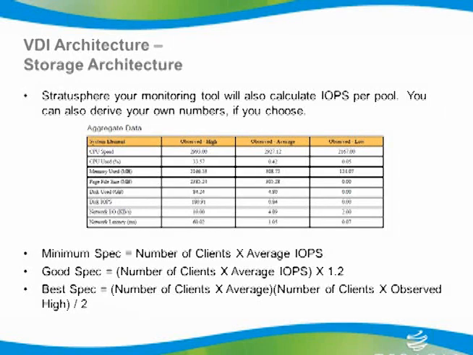Storage architecture. We're really near the end of this portion, I promise, and then no more math. It'll be just best practice scenarios. So your monitoring tool will also capture IOPS per pool. You can also derive your own numbers if you choose. And again, just like with memory, IOPS is actually fairly easy to calculate.